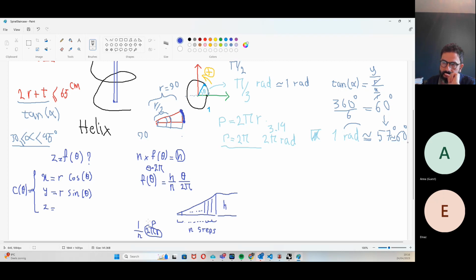Isn't that correct? Imagine this is exactly equal to the perimeter.